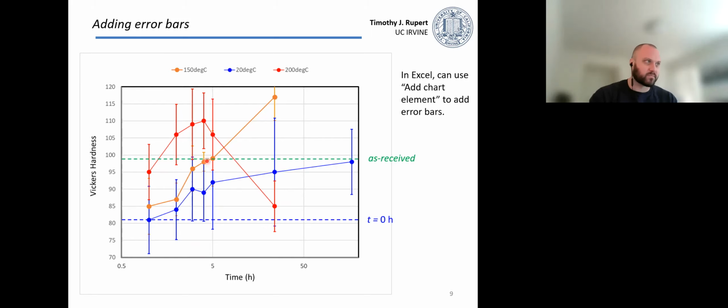Now, in contrast, I can look at the sample at the end of my red data, and it's a lot lower than it was after 5 hours. It's outside of the error bars, and it's a real change. It really has gotten softer in that case.